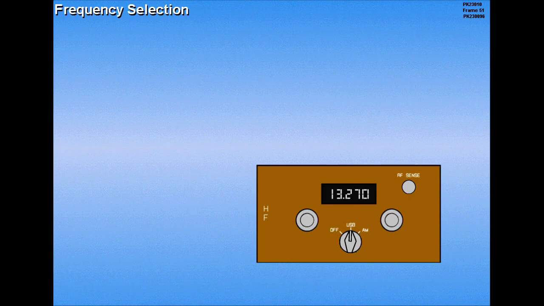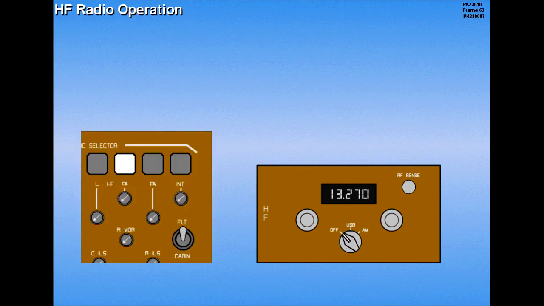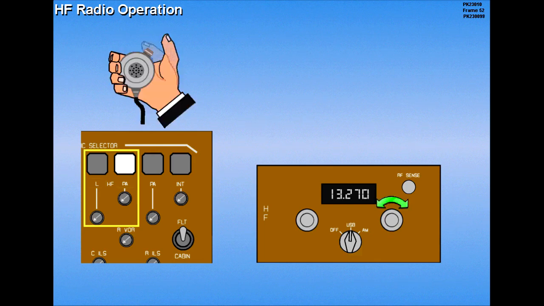Frequency selections are made with 2 concentric controls located below the frequency readout. To use the HF radio, select the appropriate switches on the audio selector panel and place the mode selector on the HF panel to the desired position. Then select the desired frequency and key the mic.